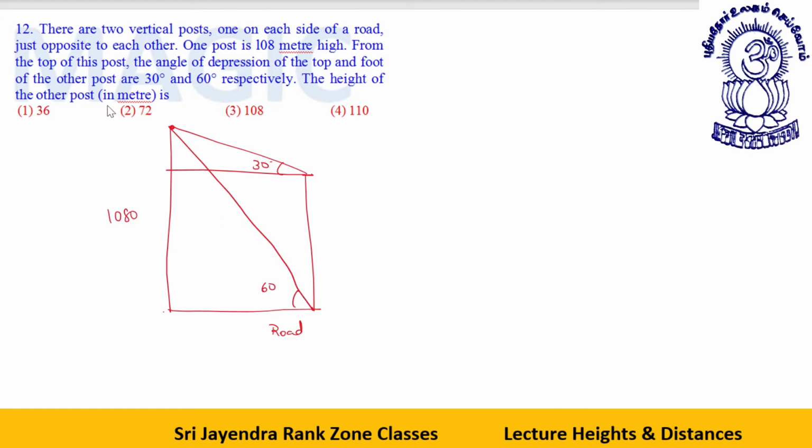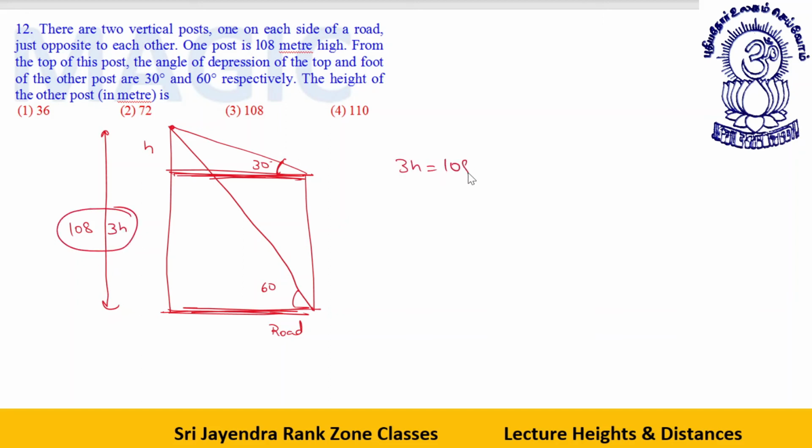The height of the other post is, this is 108. So dear friends, we have a direct logic. We have common bases like this base and this base. These bases are equal. So if height opposite to 30 degree is h, then height opposite to 60 degree will be 3h. This 3h is equal to 108.